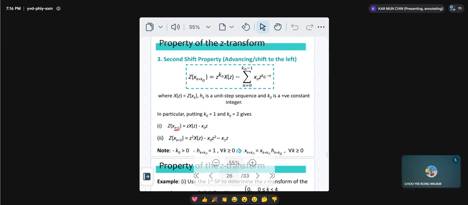In the previous one, it was k minus a number, right? So shifting to the left will be plus the number. This is the difference. You can take notes at the sign, whether it's plus or minus.